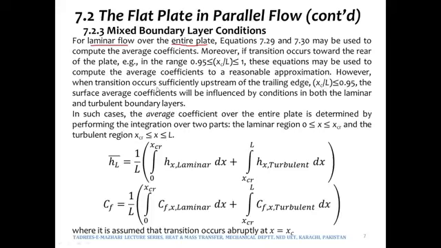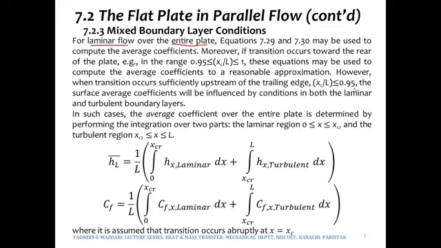However, if the transition occurs sufficiently upstream of the trailing edge, the trailing edge being the edge where the plate ends, means if x critical by L is less than 0.95, so if the transition is taking place before 95%, then the plate would be considered as having mixed flow.